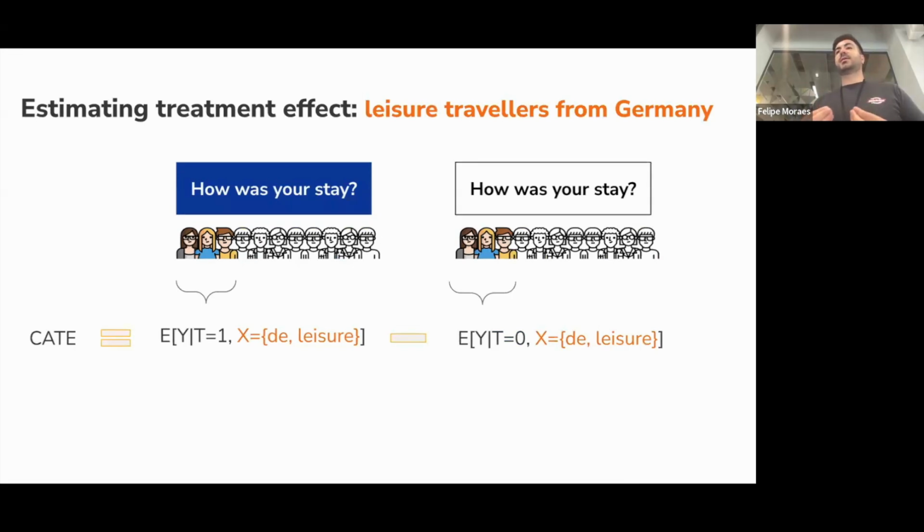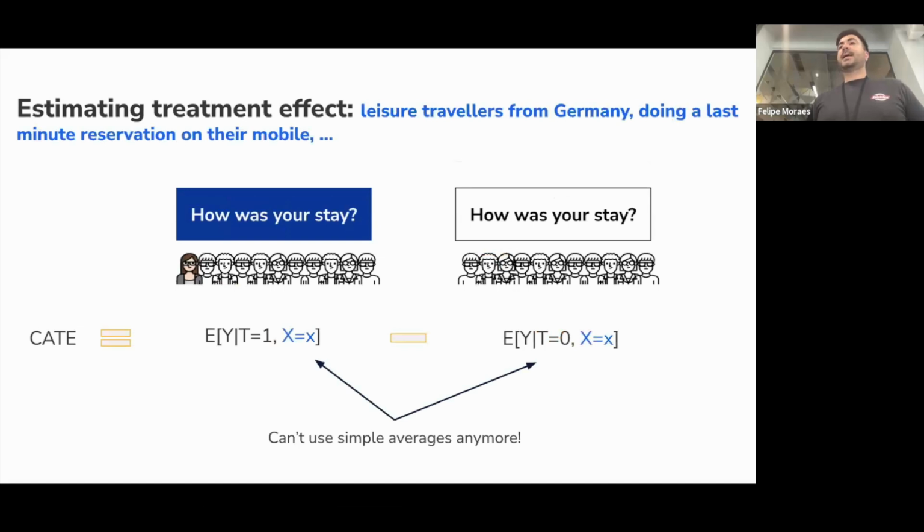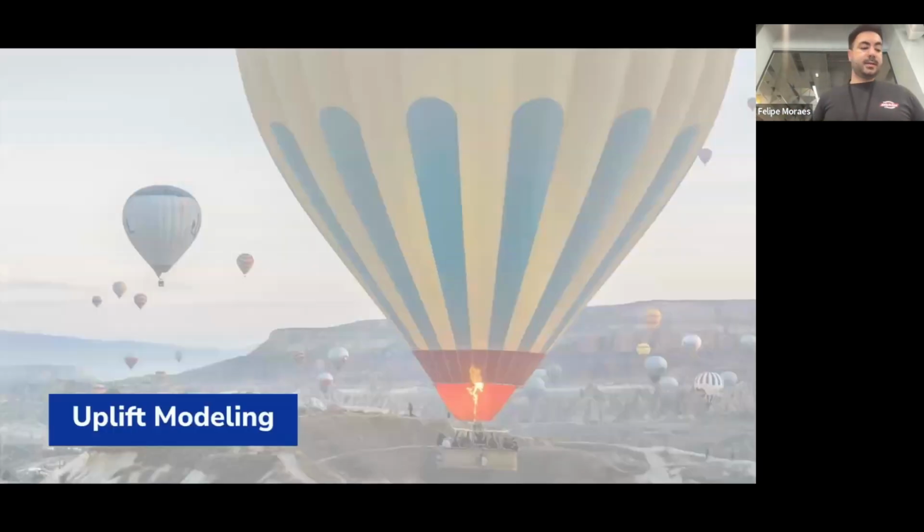But if you go too deep on the condition, if you select leisure travelers from Germany doing last-minute reservations on their mobile, then we cannot use our simple average anymore. Your group becomes so small that you cannot reliably measure that case. And this is where uplift modeling comes in, and I'm going to start the part on uplift modeling.